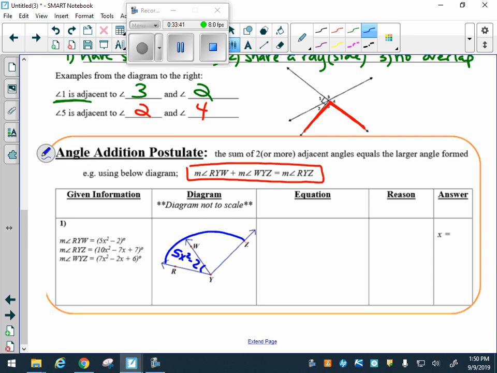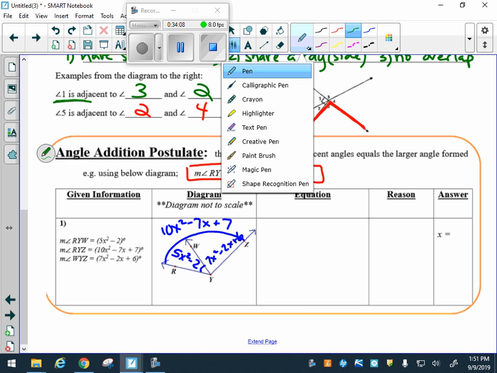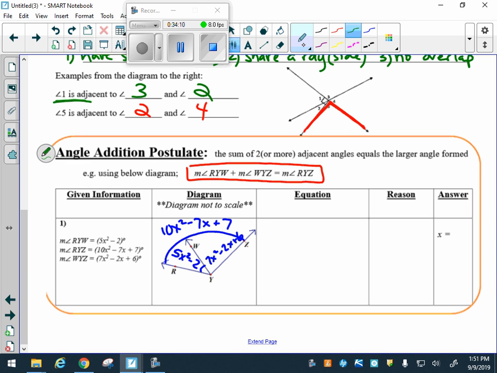And we're going to label this 10x squared minus 7x plus 7. And then WYZ is this expression here, 7x squared minus 2x plus 6. Now our job is to write an equation using that information. What would be the equation you could write?